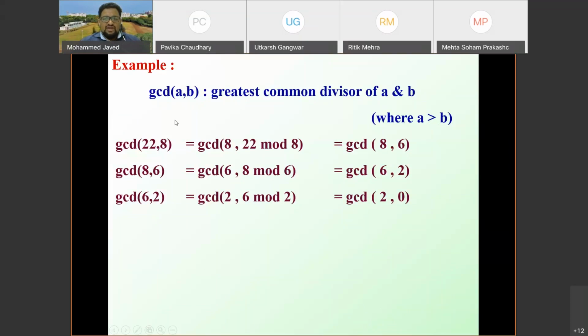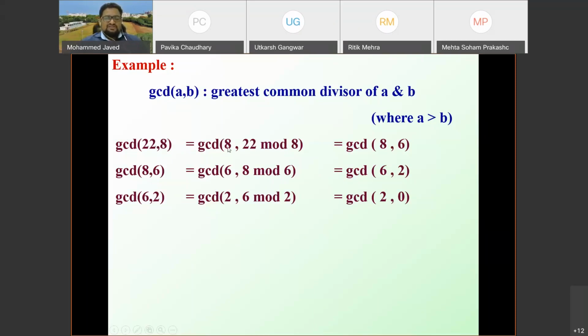Now let us take one very simple example of finding the GCD of 22 and 8. When two numbers are given, the first logic is to find the minimum of these two numbers, which in this case is 8.